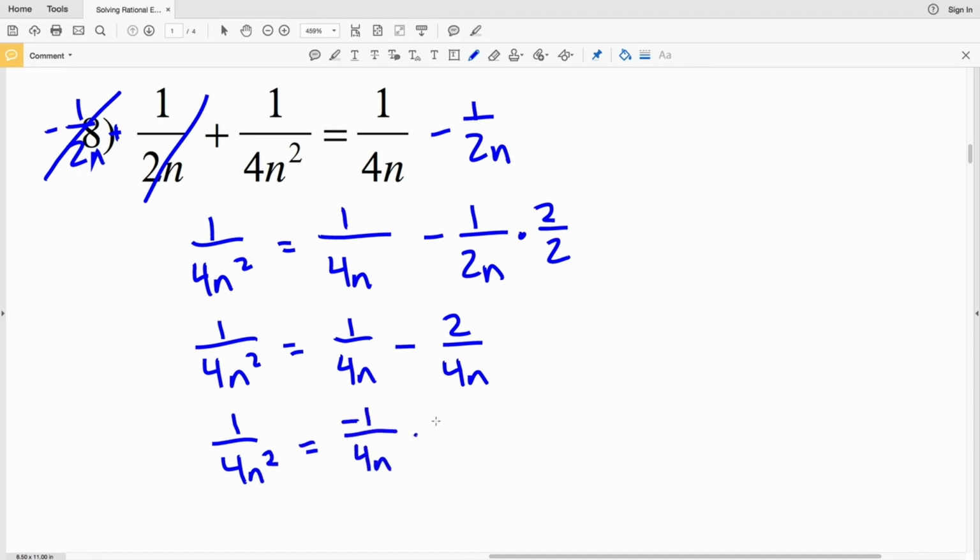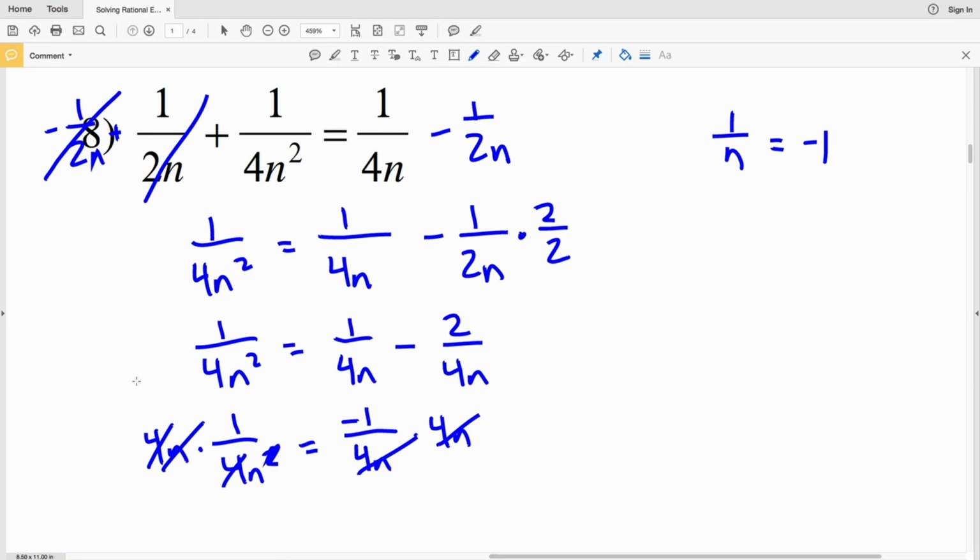Now I'm going to go ahead and multiply both sides by 4n. Doing that, I'll have negative 1 on the right-hand side, but on the left-hand side, I get rid of the 4 in the denominator, and I only get rid of one of the n's. So I'll still be left with 1 over n on the left-hand side.